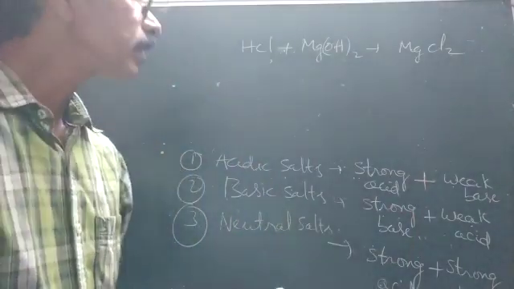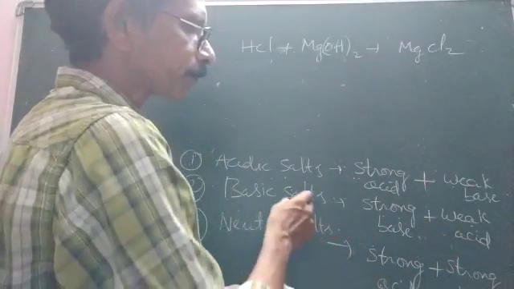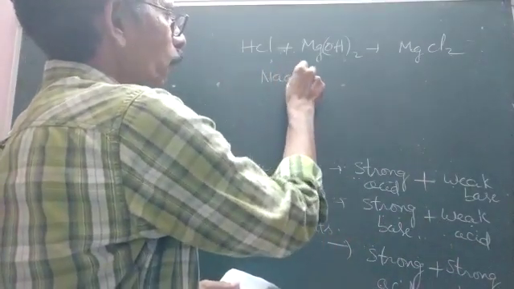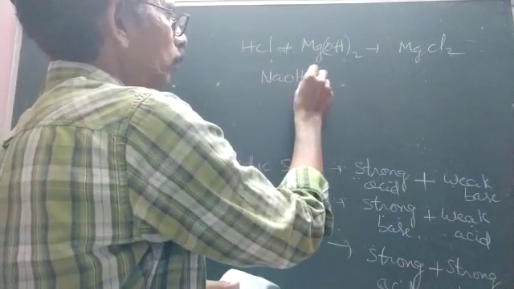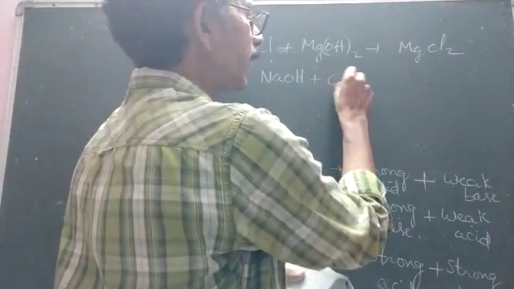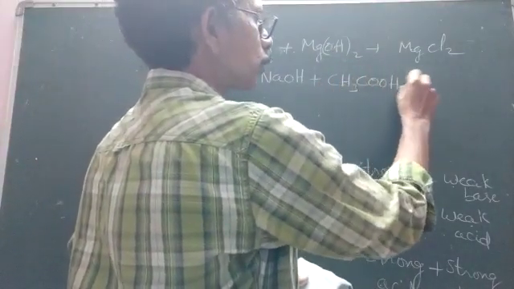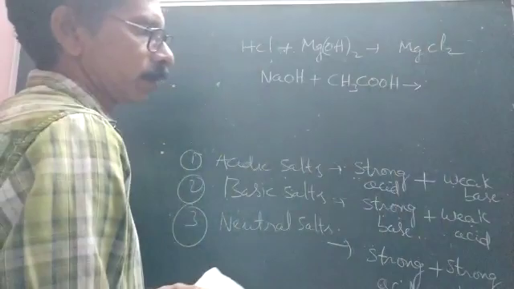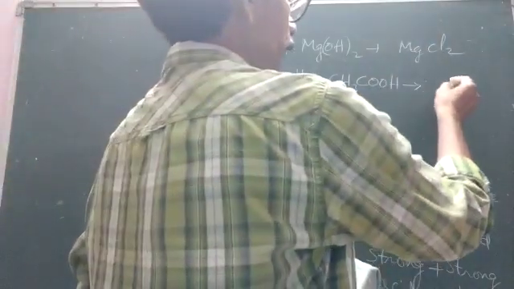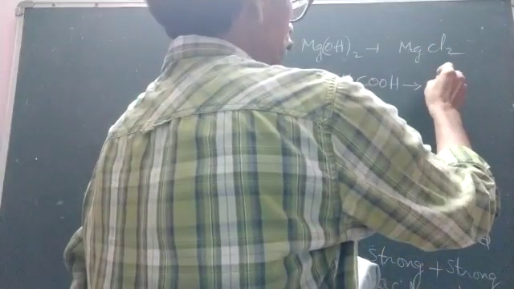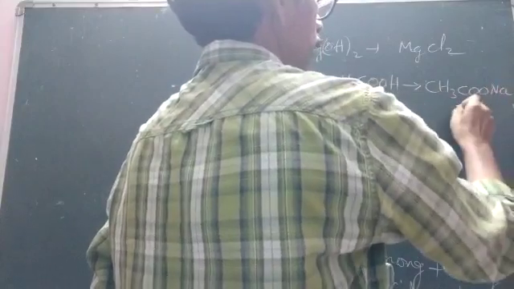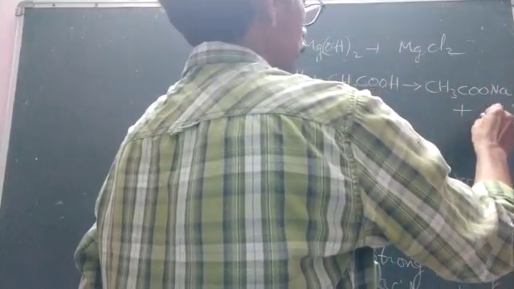And next, a basic salt: a strong base with a weak acid. A strong base means NaOH, with a weak acid; acetic acid is a weak acid. They form sodium acetate, CH3COONa, plus water.